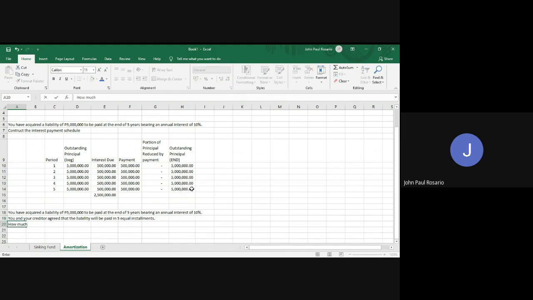How much should you pay at the end of every year, at the end of each of the 5 years, to extinguish the liability at its maturity?